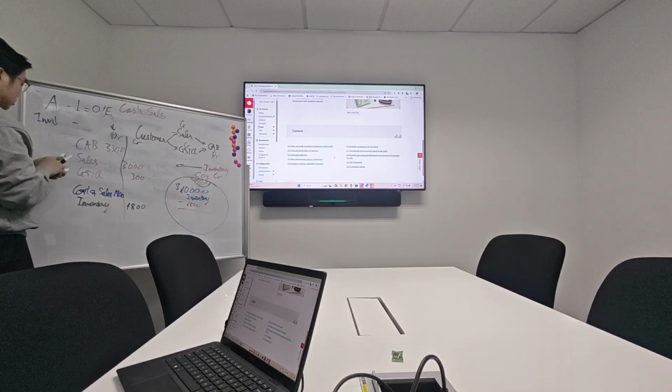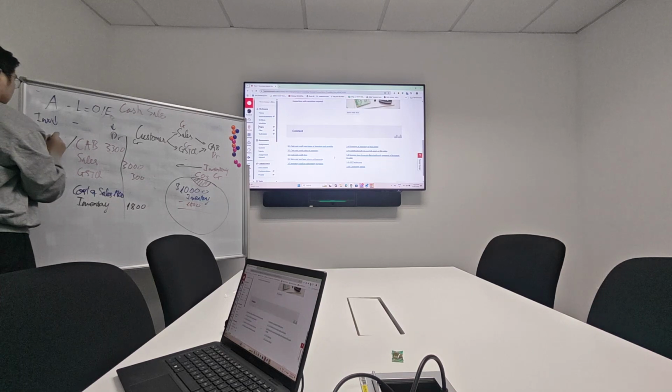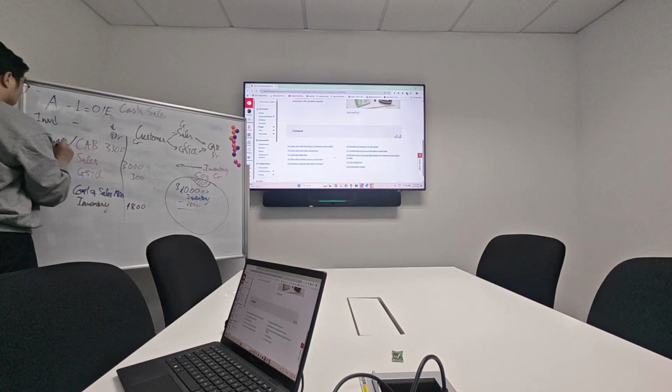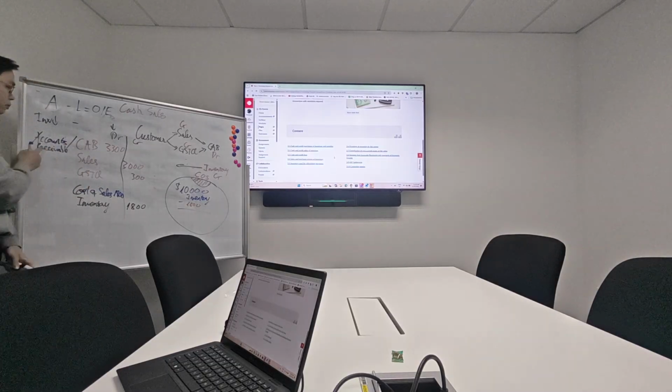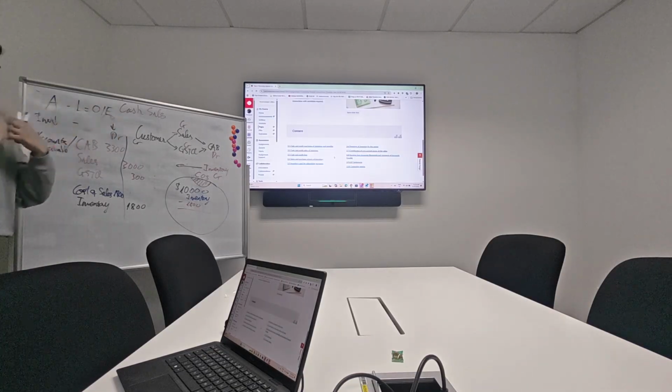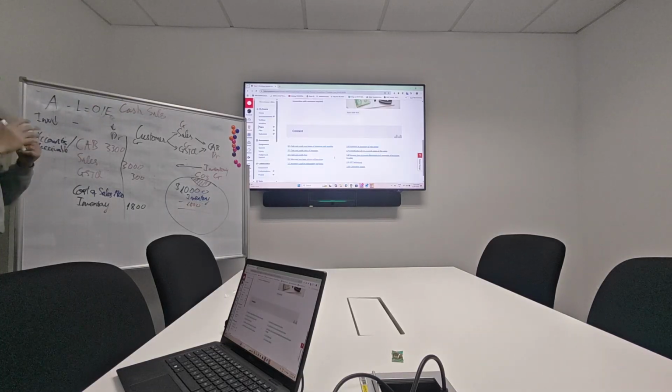In this case, we call it accounts receivable. So basically, the entire sales amount is being held by the credit customer, right? Instead of the cash going back to us, the customer is holding on to that cash, and later on they will pay us.